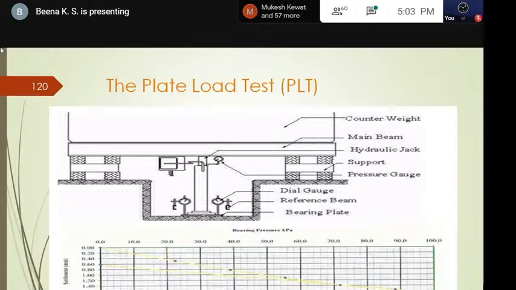If the settlement is more than that, we have to wait again till the rate of settlement reaches that value, and you have to maintain the same load till our target is obtained. If that is obtained, we can increase the load by load increments, as I suggested. That is about 1/10 of the maximum expected load. Then repeat the process till failure.